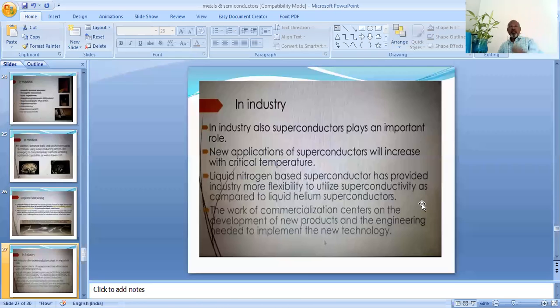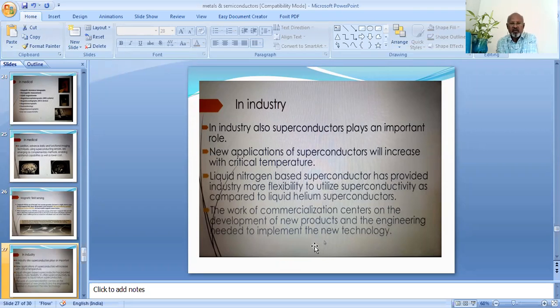Because as we know, liquid nitrogen is a very cool gas and liquid helium is also a cool gas. But if we calculate the cost, liquid nitrogen is comparatively cheap as compared to helium. So nowadays in industry, liquid nitrogen is used to create the lower temperatures for the efficient working of superconductors.